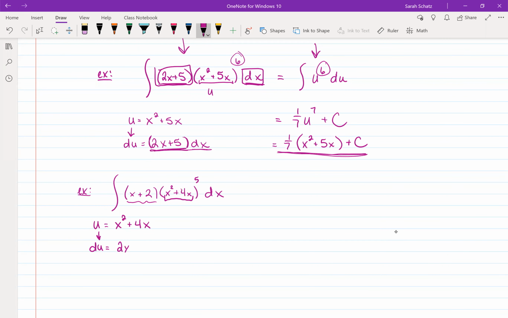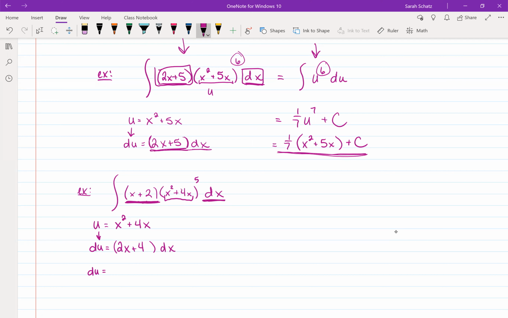That would be 2x plus 4 dx, of course. So before I can rewrite, I have to put all of du into my original. But du is 2x plus 4, and I only have x plus 2. How can I get from x plus 2 to 2x plus 4?